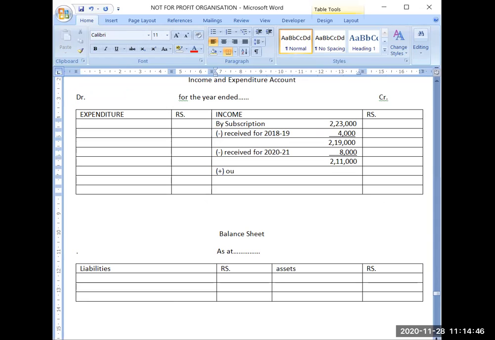Plus outstanding subscription for 2019-20, and that will be 14,000.